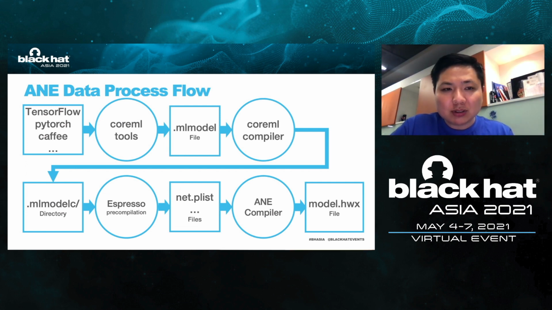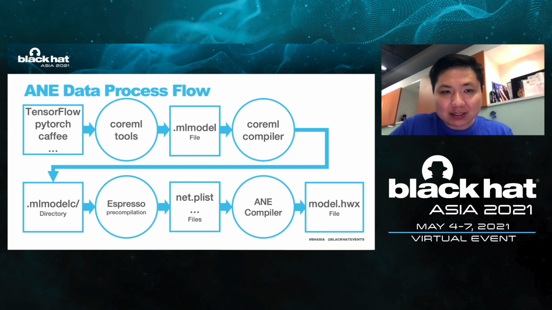I use boxes to represent the data and circles to represent the processing to describe how the algorithm is processed into register operations. There are many trained neural networks on the internet, but they rely on different machine learning frameworks.